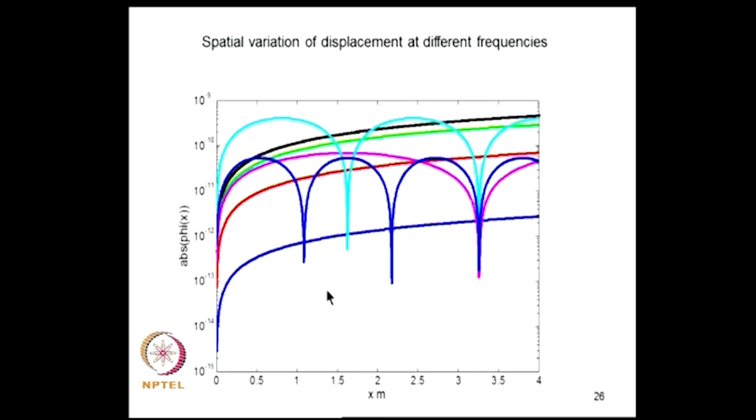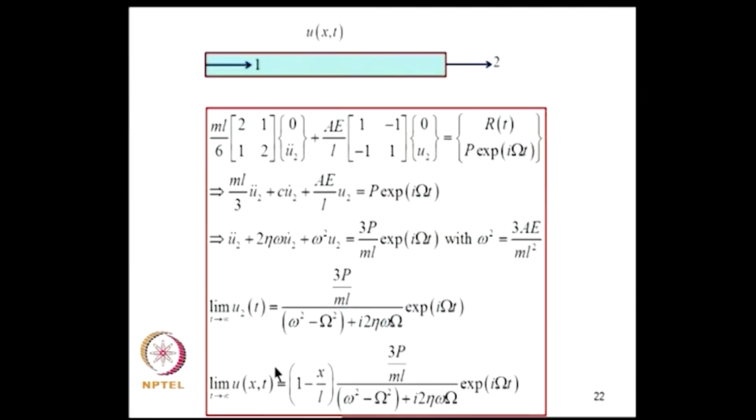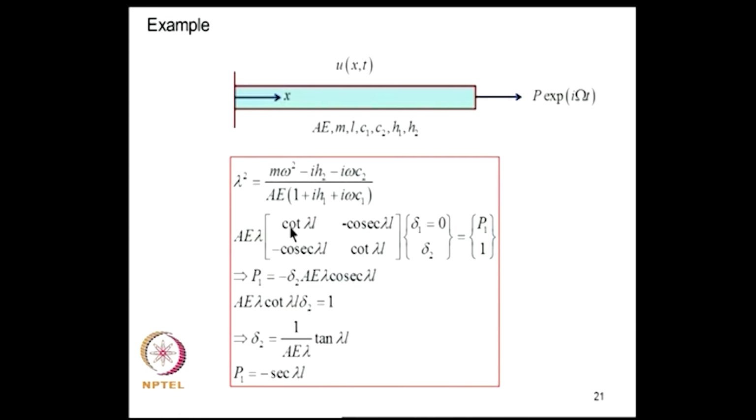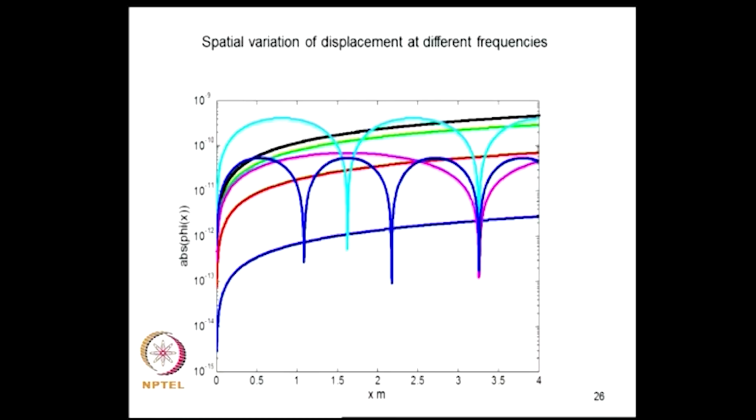How about in space? Suppose I fix the frequency and plot displacement as a function of space for a fixed value of frequency. I can find A and B and plot from the dynamic stiffness matrix function approach also. I have not named the frequencies here.